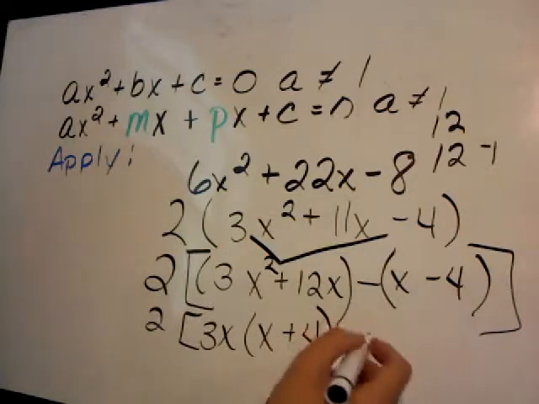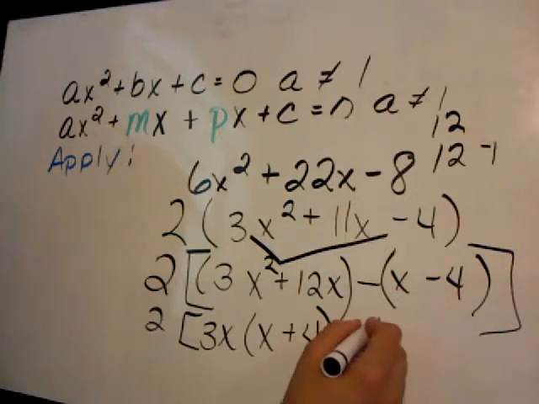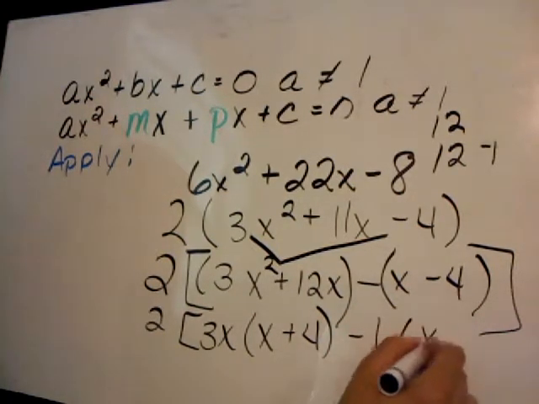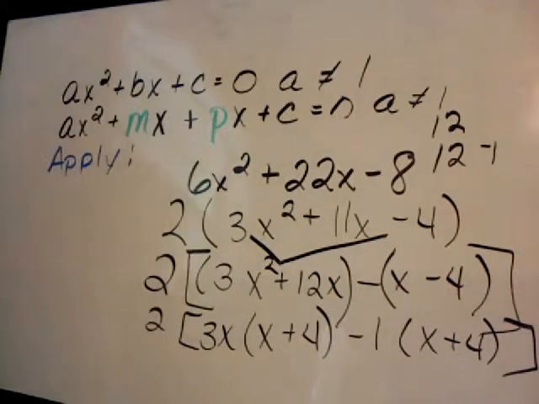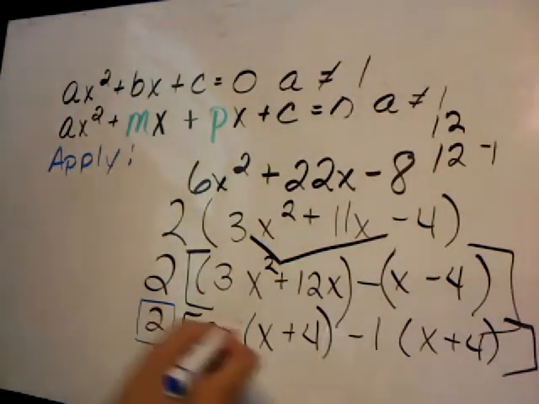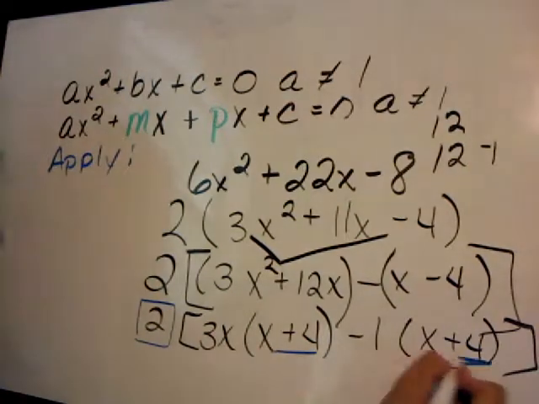And over here I want to factor out a negative 1, which would leave me x plus 4. And now all I have to do is put this together. We just need the 2 outside of everything. It just needs to be distributed back in. But here is my common factor.